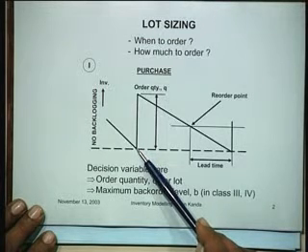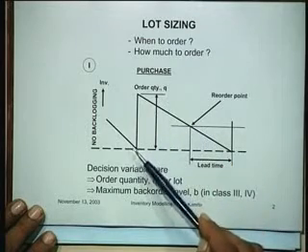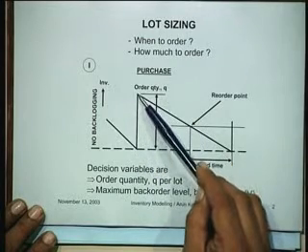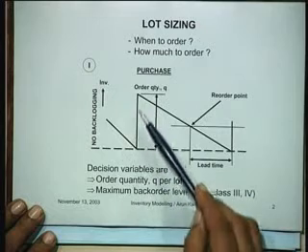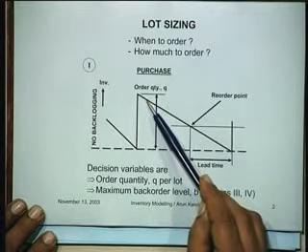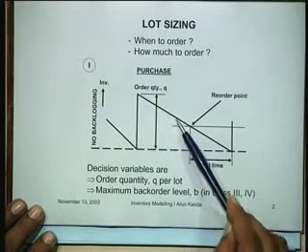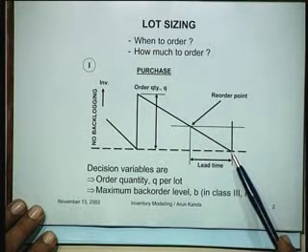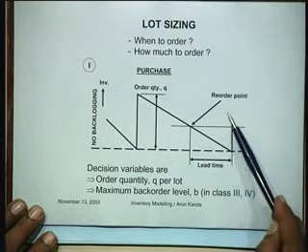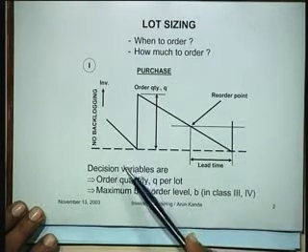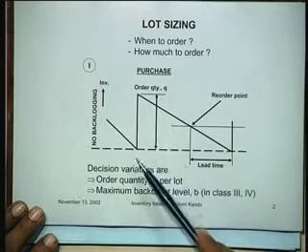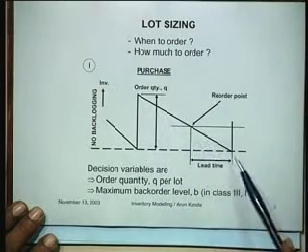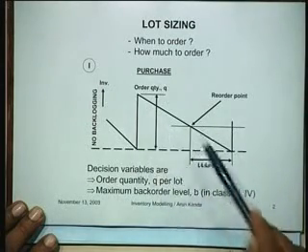At this point an order is raised for a certain quantity Q, so the stock level suddenly rises, and thereafter the inventory level drops gradually till you again have zero inventory, and the next order is received, and so on. So basically it is a repetitive process which resembles a sawtooth curve.